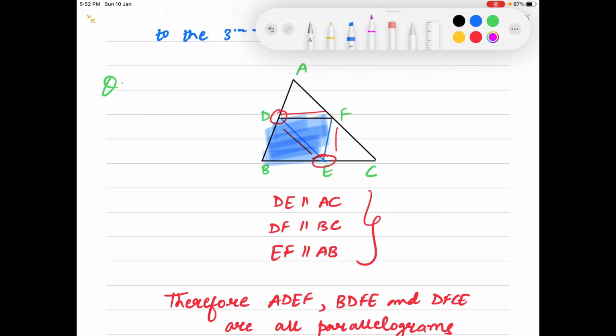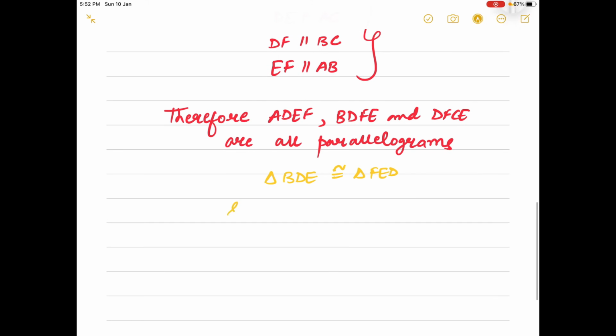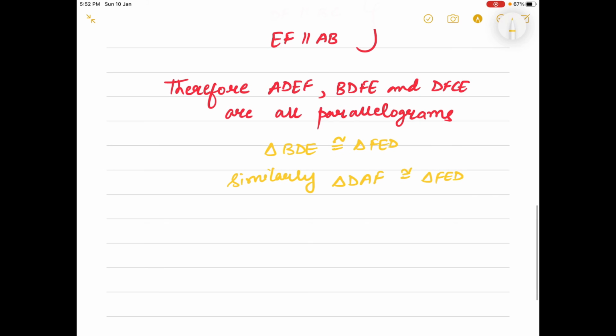Therefore, triangle BDE will be congruent to triangle FED. Similarly, triangle DAF is congruent to triangle FED, and triangle EFC is congruent to triangle FED.